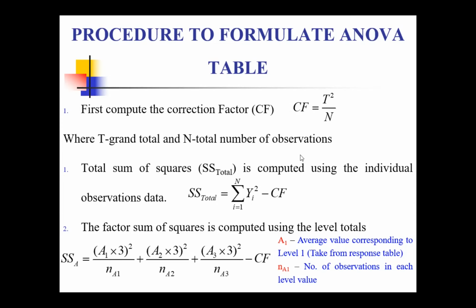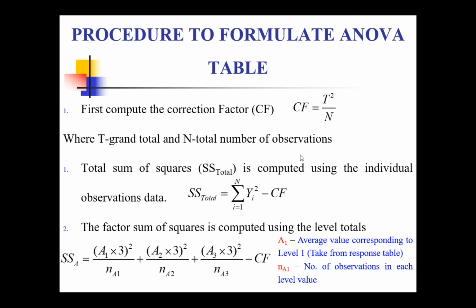What is A1 here? We are going to have a response table, that is nothing but making the average that relates to the similar level values. Yesterday itself we have seen. So we are going to formulate the response table, making the average that relates to each and every level value.